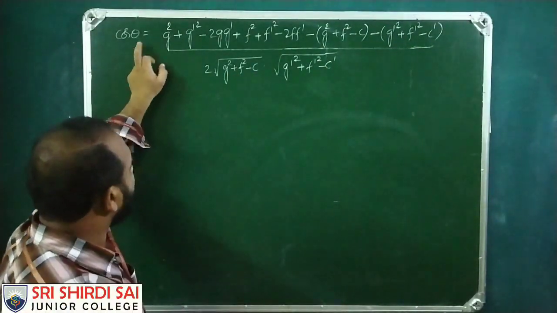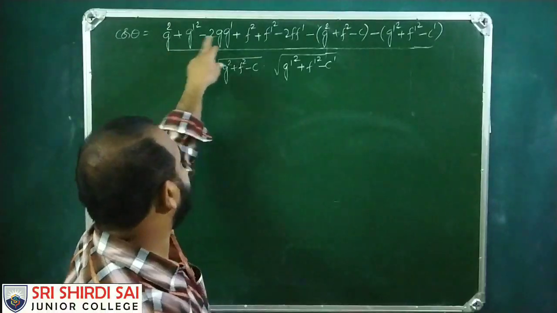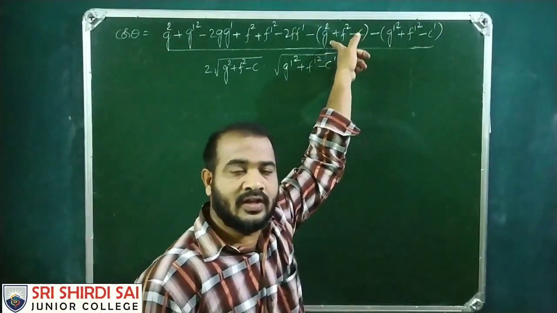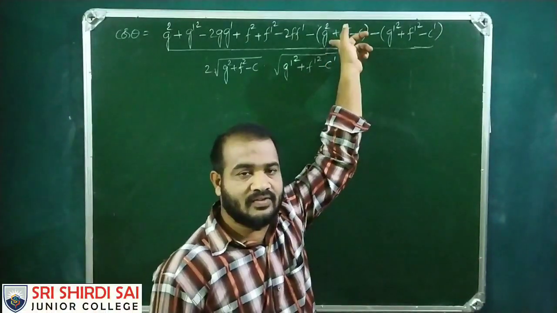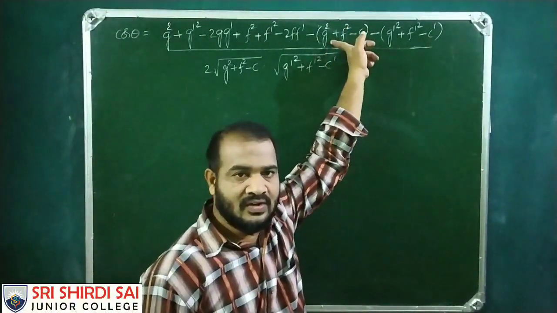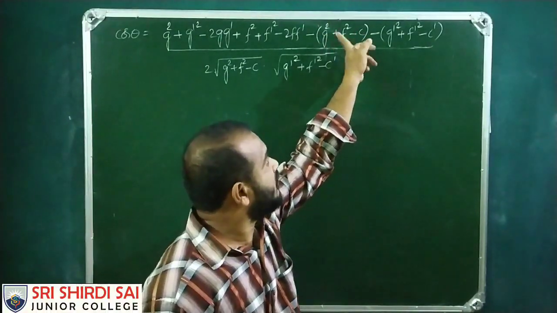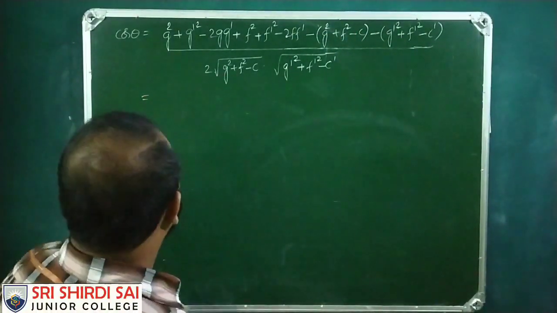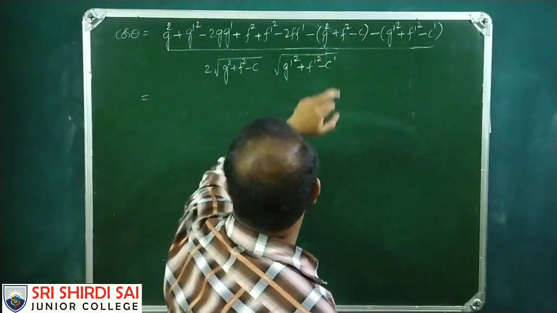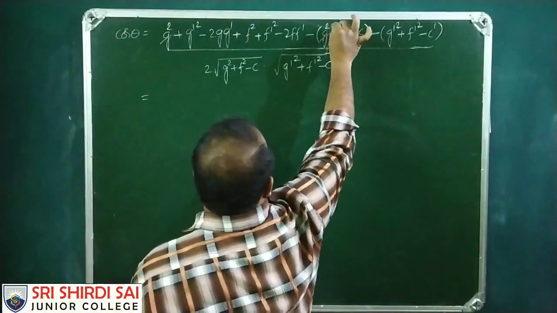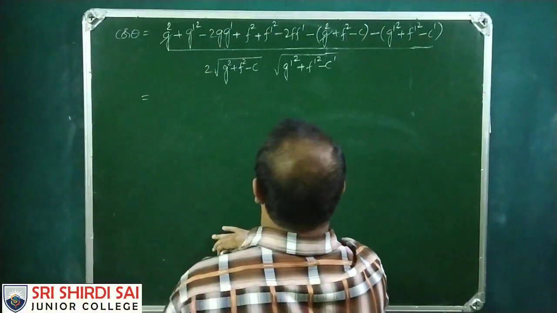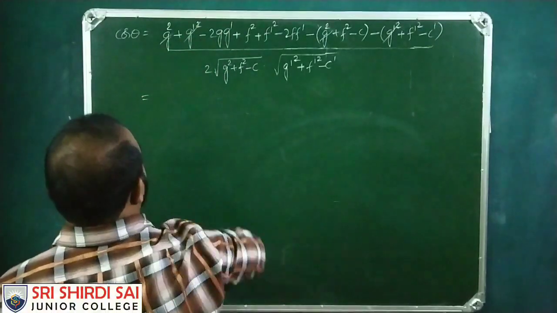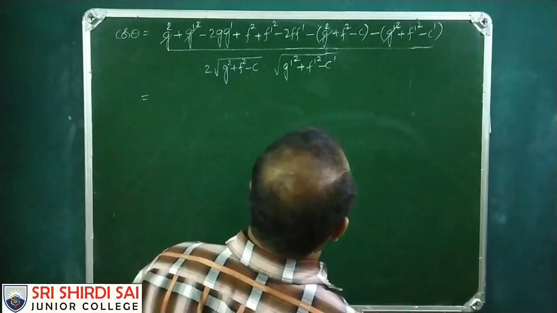D square we have just obtained. After substituting everything here, g square and g square get cancelled, and g dash square and g dash square get cancelled.